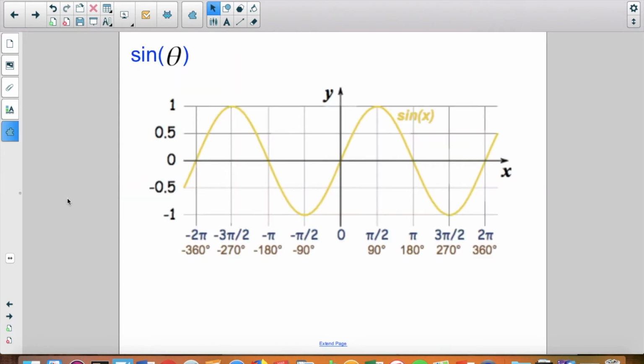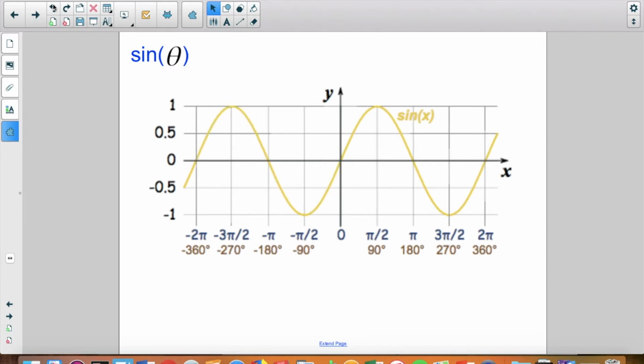So this is what the sine graph looks like. Again, this pattern repeats over and over again. That's why you'll see this side over here looks the same as this side over here. Now, in order to graph sine and cosine functions, you need to be comfortable with what they look like.